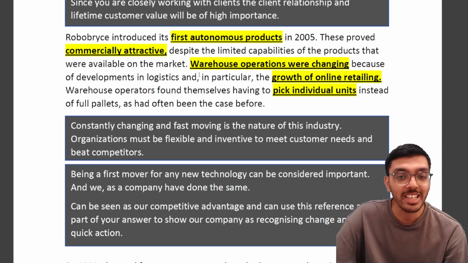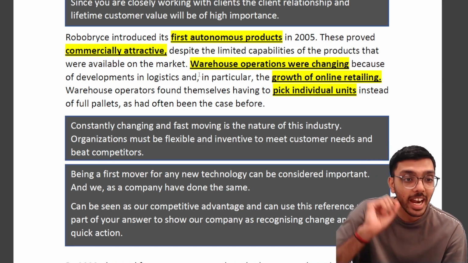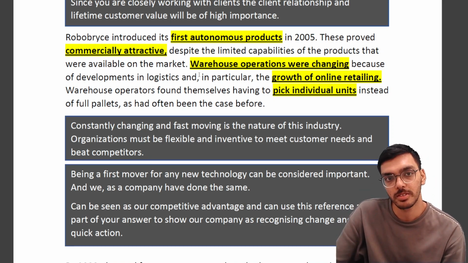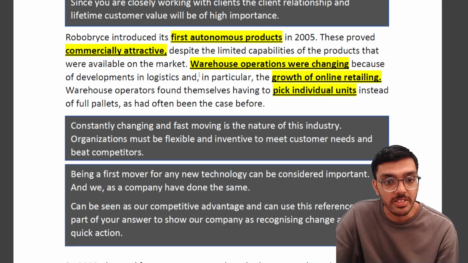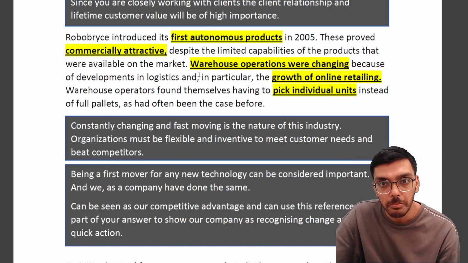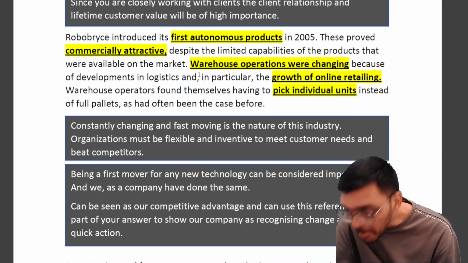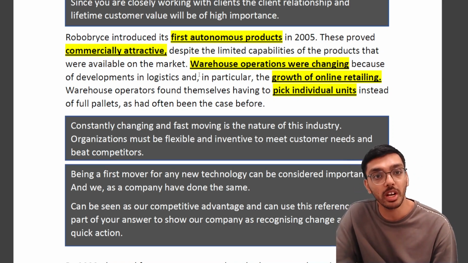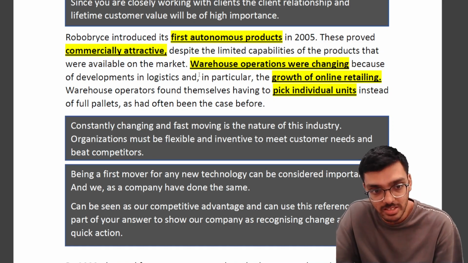Organizations must be flexible and inventive to meet the customer's needs and beat your competitors. Being a first mover for any new technology can be considered important here, and we as a company have done the same. There were limited capabilities of products in the market, so we came up with the first autonomous product which ended up being commercially attractive, which means it was a success.